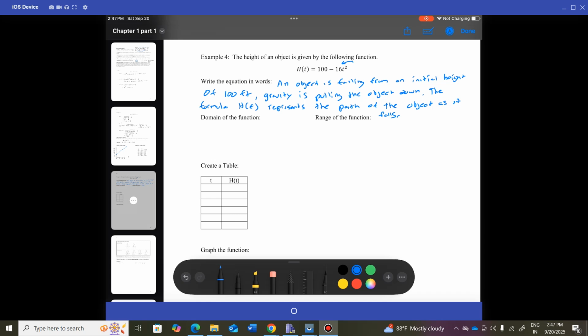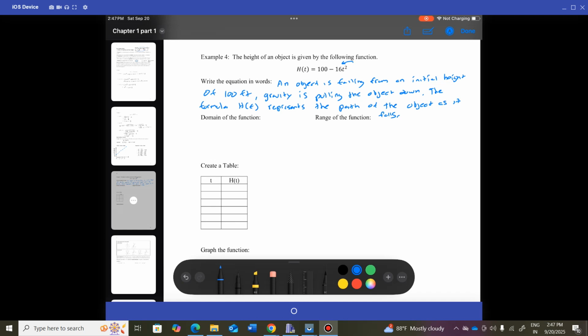A dropped object, not one that was thrown down. And I know that because of what I don't see in the equation there. All right, and so that's how we look at an equation. If we know a little bit about it, there's certain things in the equation that we can figure out for the actual scenario.